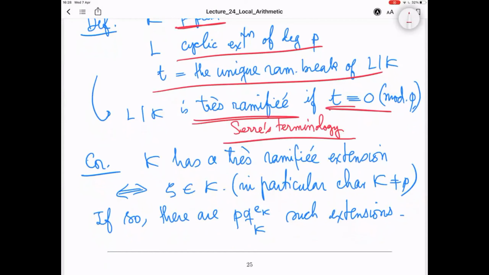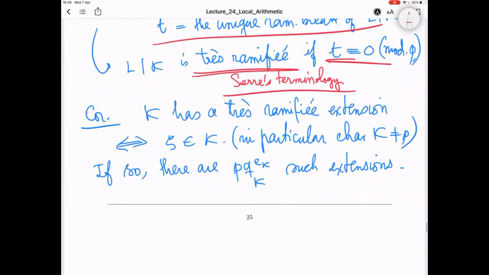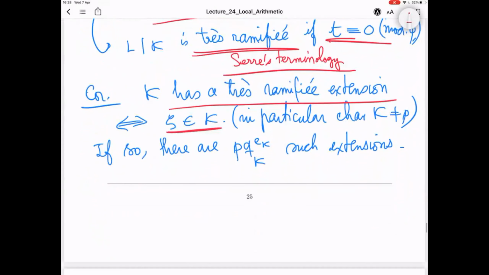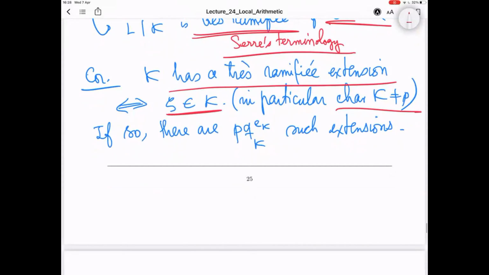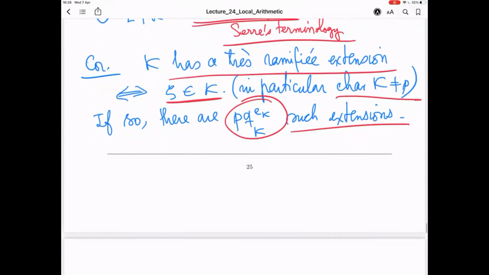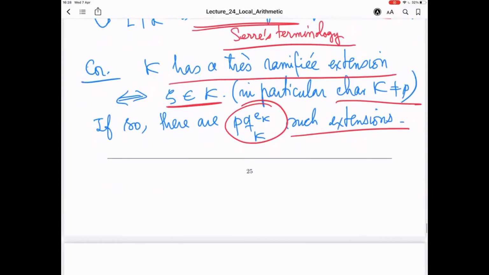If this T is congruent to 0, is divisible by P. So what we have seen is that K has a très ramifié extension if and only if zeta belongs to K. And in particular, the characteristic of K is not P. And when zeta belongs to K, there are so many such extensions. The number of such extensions is P to this.